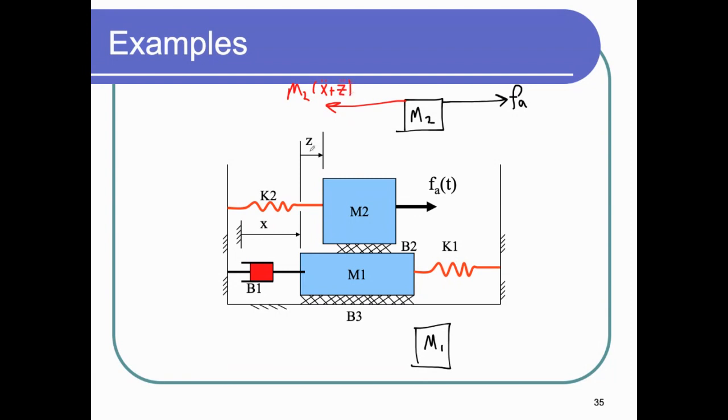Why do I have a z here? Why isn't it just z? Doctor, because it's more than M1 by z. Okay, so if I have something like this, is it z or x or what?